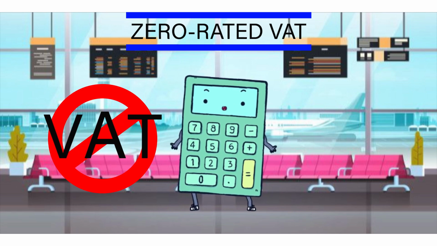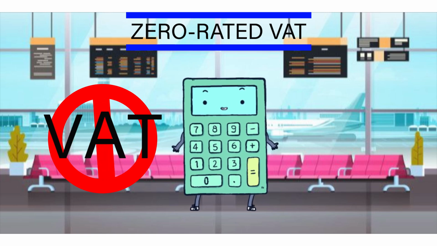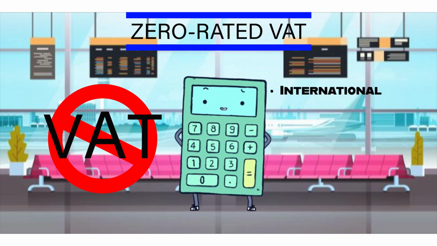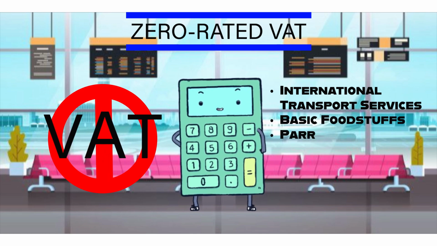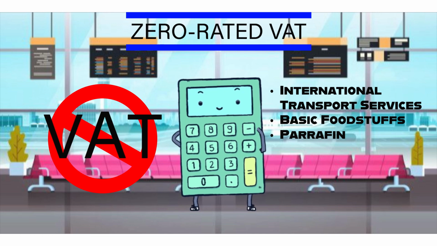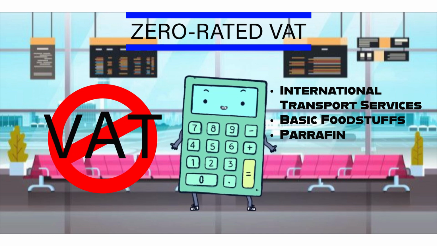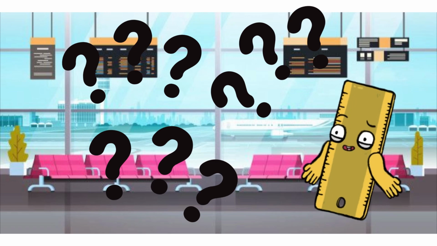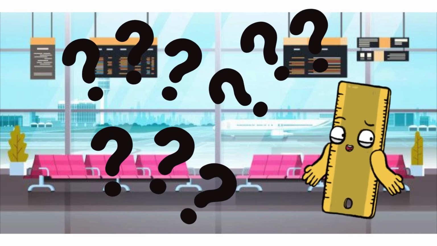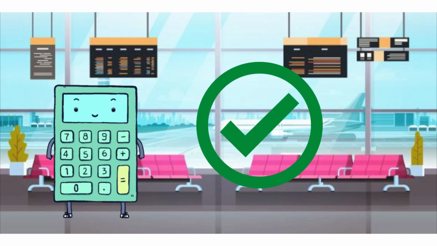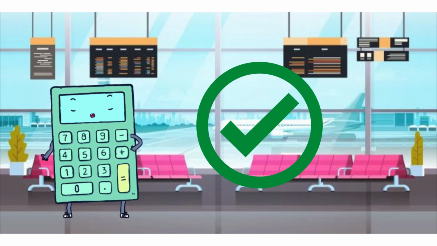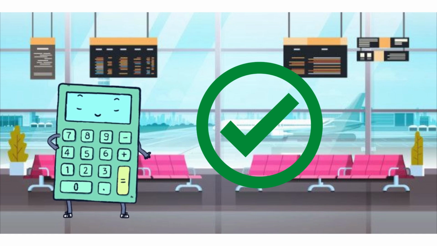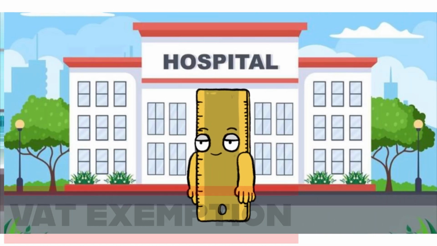Common examples of zero-rated items in South Africa include international transport services, basic foodstuffs like brown bread, maize meal and milk, as well as paraffin. But do these products still fall under the VAT system? Yes, businesses that sell them can still claim back the VAT on their own expenses. This is a crucial point for an accounting student.